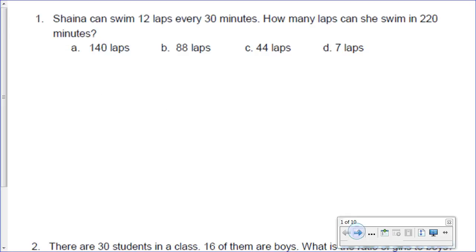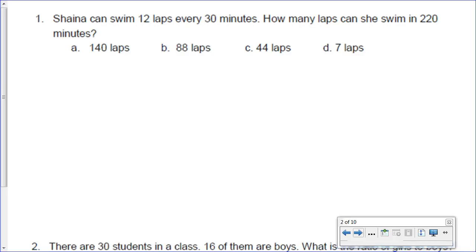So let's get started. All right, so number one, Shayna can swim 12 laps every 30 minutes. How many laps can she swim in 120 minutes? Okay, so one way to think about this is, okay, she can swim 12 laps in 30 minutes, okay?